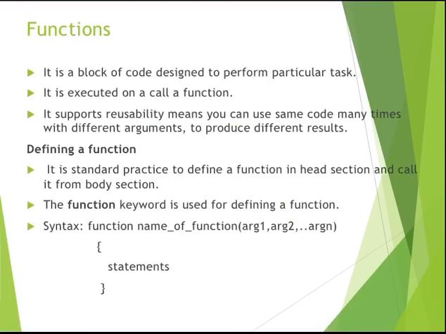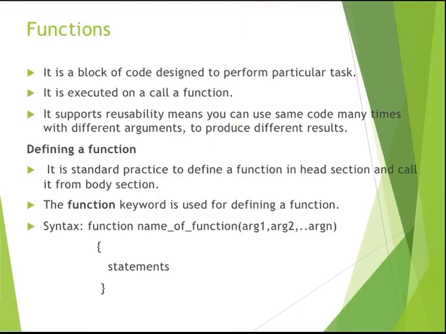Okay. Now let's see the syntax for writing a function. First you have to use the function keyword. Then you can give any name to your function. Then in round brackets, you can give as many arguments as you want, that is arg1, arg2, n number of arguments.